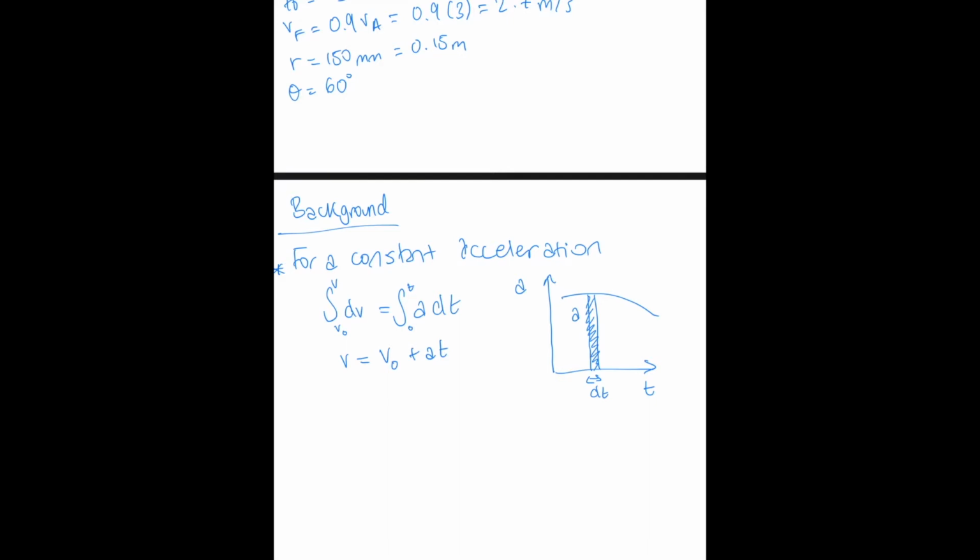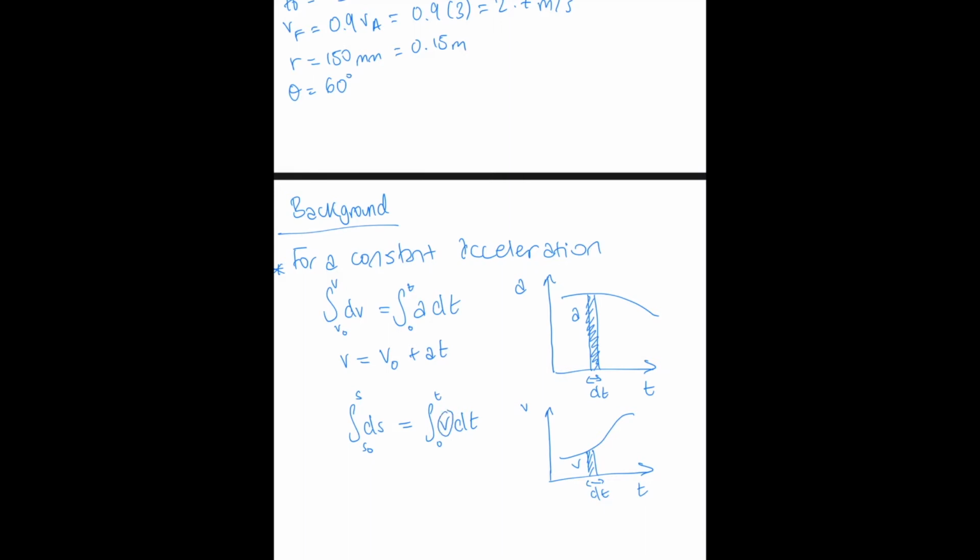Now, what if you want to know the distance? If we have a graph of velocity versus time, and we take the area under the graph, we're going to have v, and this is going to be dt. So v dt is going to be equal to the difference in distance, ds, from s0 to s, and from 0 to t.